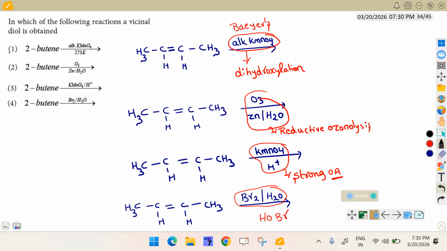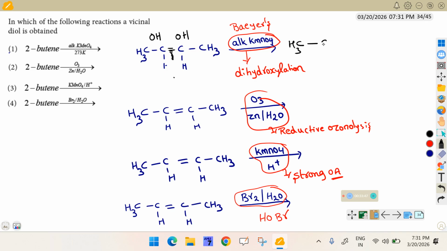In which of the following reactions is a vicinal diol obtained? 2-butene reacts with alkaline KMnO4. Alkaline KMnO4 is called Baeyer's reagent. Dihydroxylation takes place: break the pi bond, not two bonds, and add OH group.